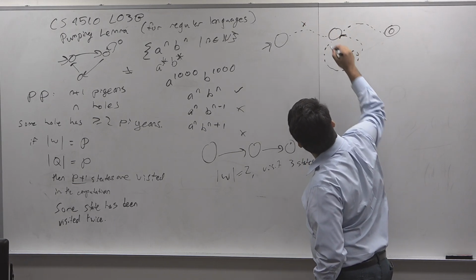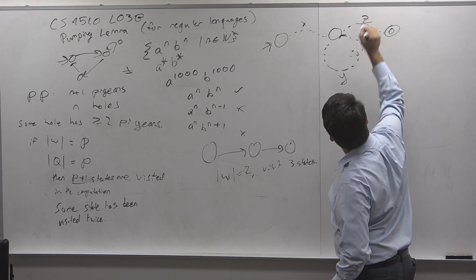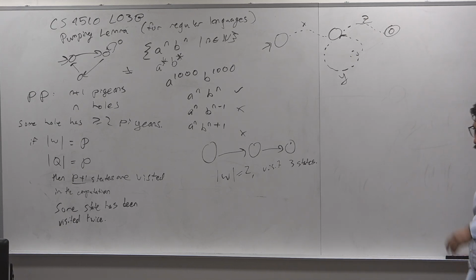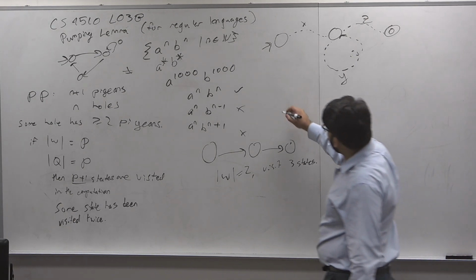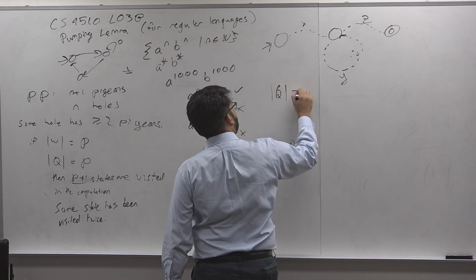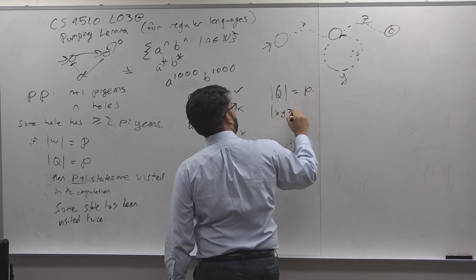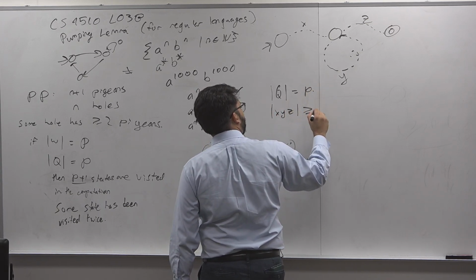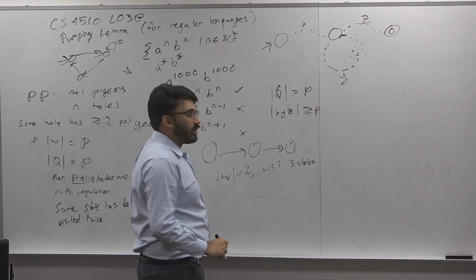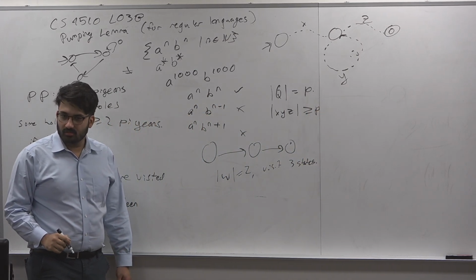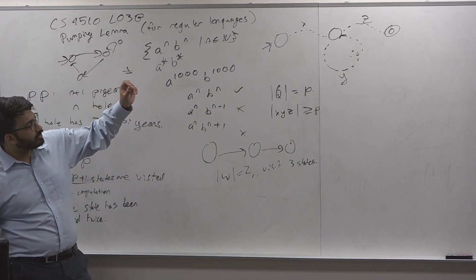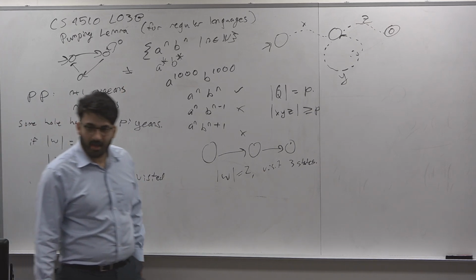Let's call these parts X, Y, and Z. So, if the size of Q is equal to P, and the length of XYZ exceeds P, some state is visited twice. So what do we know about the paths in the graph?